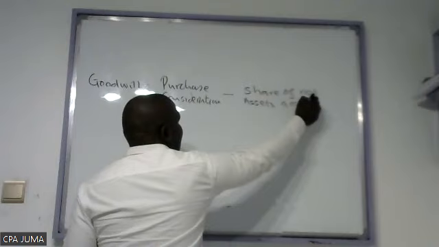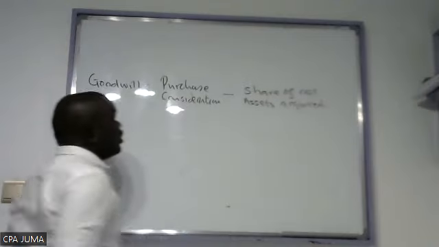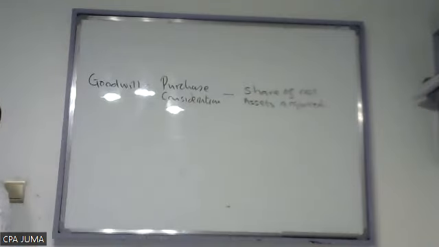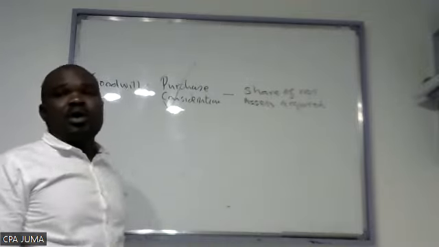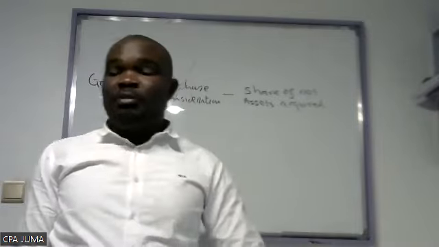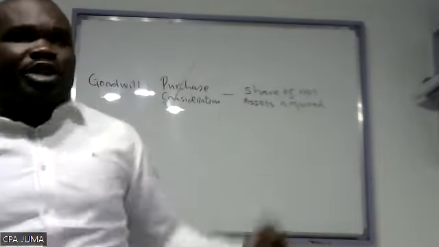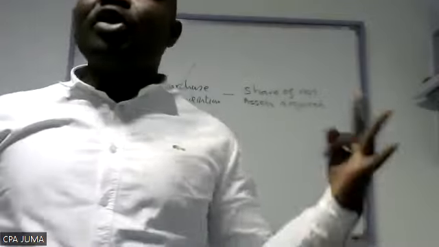For purchase consideration, we have no problem, because we are saying it is the amount you are paying to acquire the company. Payment of which I've said can be in form of shares, cash, or debentures.